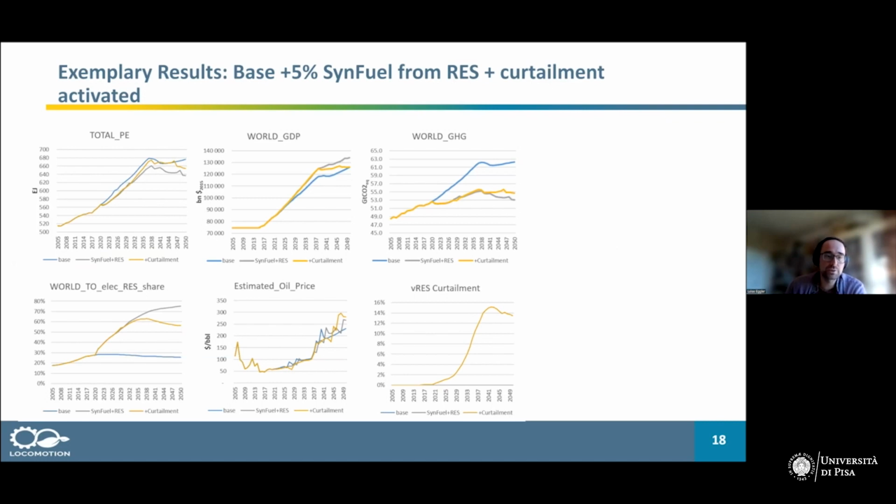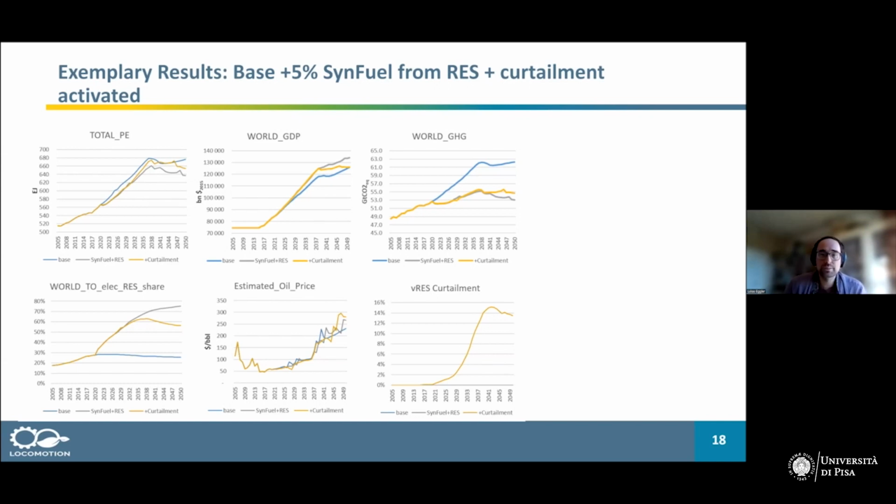And this reduces the renewables share of the overall system. You can also see the yellow line, it reduces the achievable GDP, and it increases slightly the greenhouse gas emissions. Okay, this is what happens.